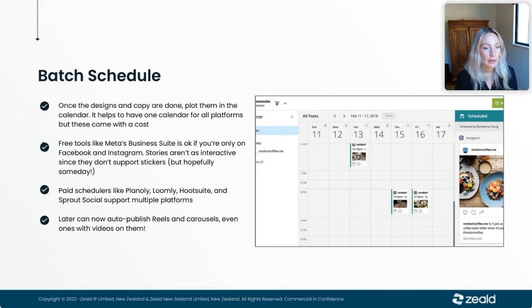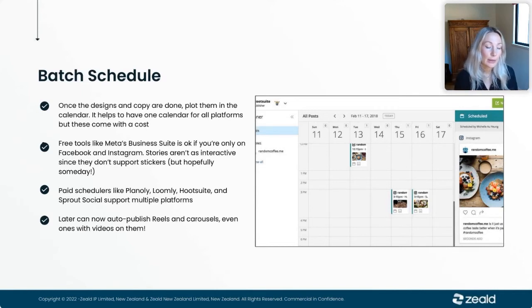So all you have to do is just put in your content, put in your caption, put in your hashtags, and place it to whichever day you want to upload it and at the time, and then that will be uploaded automatically. So from the moment you have put it in there, you can just let it be.